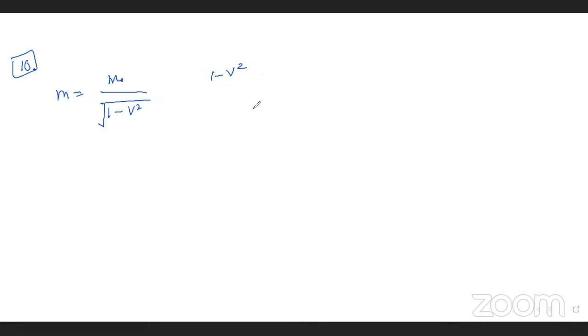To make 1 minus v square dimensionless, you divide v square by c square. Since c is also a velocity and v is also a velocity, the velocity will cancel out, and the dimensions are then correct. So the missing term c needs to be added as c square there. The correct equation is m equals m naught divided by the square root of 1 minus v square over c square.